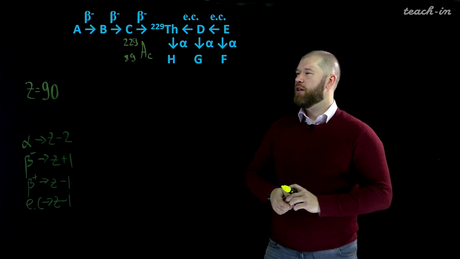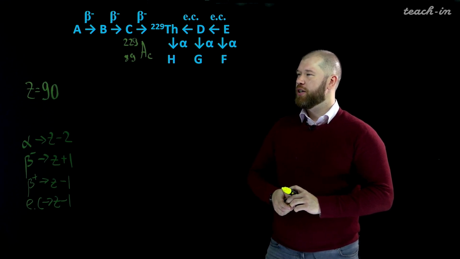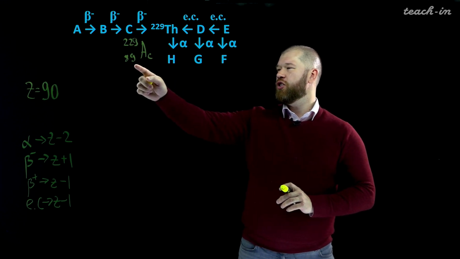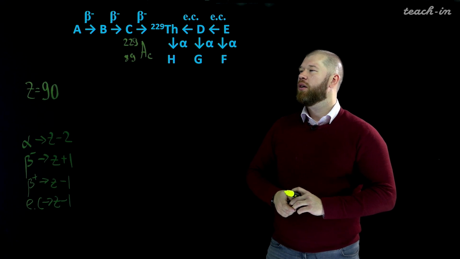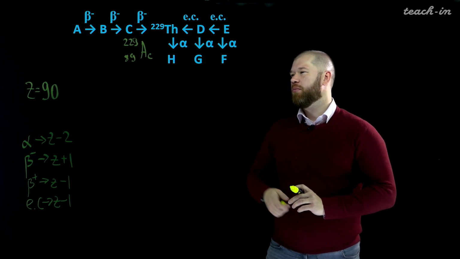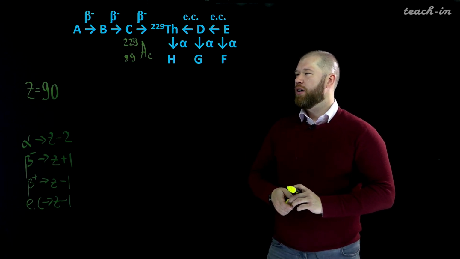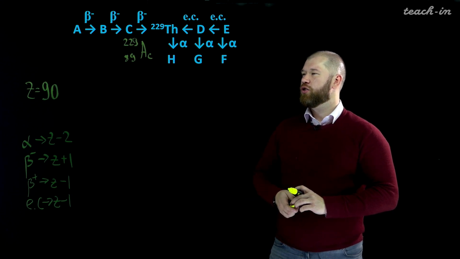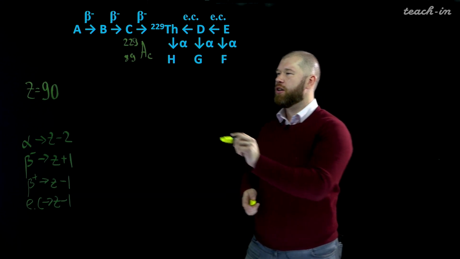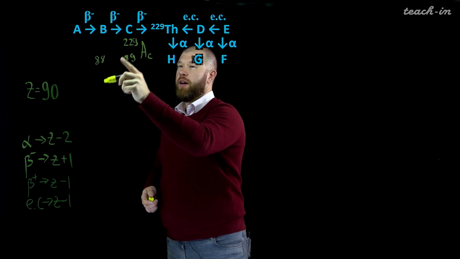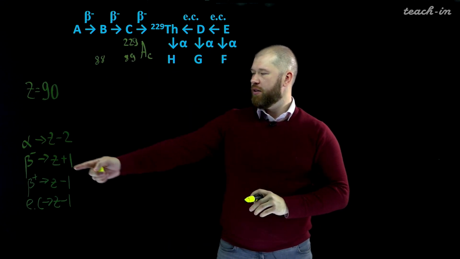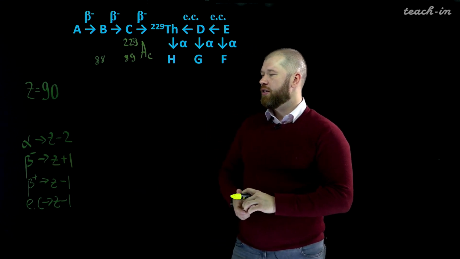Then we should go back to radionuclide B. It is also beta minus decay. That means that the charge was increased by 1, and thus the parental radionuclide has a lower charge, the nucleus with the charge 88. And as far as it is beta minus, the mass doesn't change.